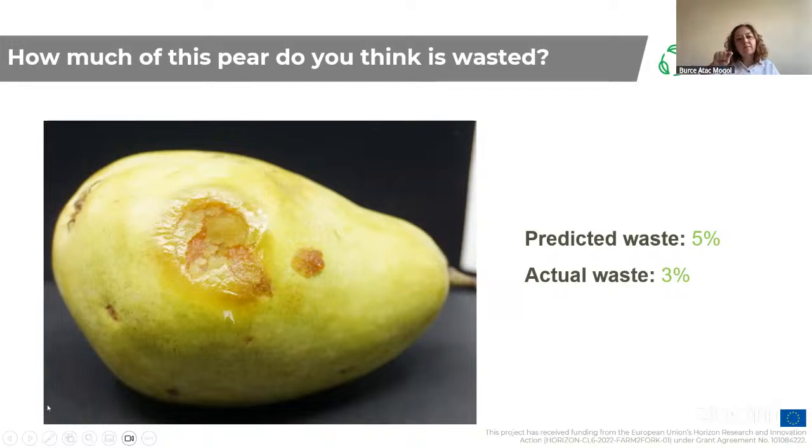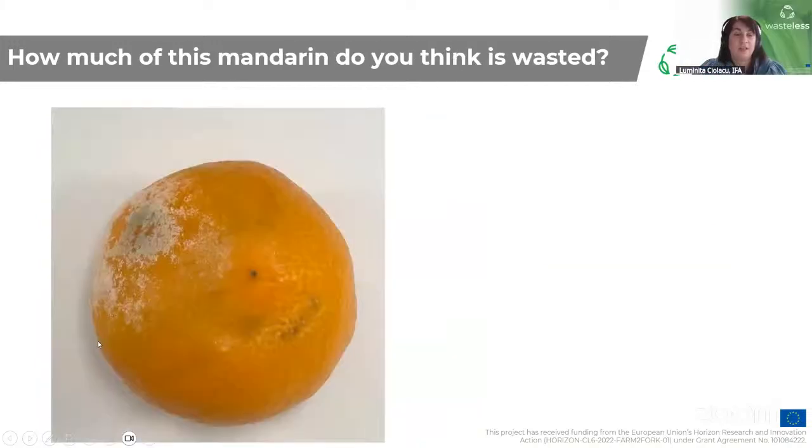You can also see some kind of halo around it. So it started already, so it's a very early alert. If we stored it, say, 5 days, it would go bad faster than the other healthy pears.